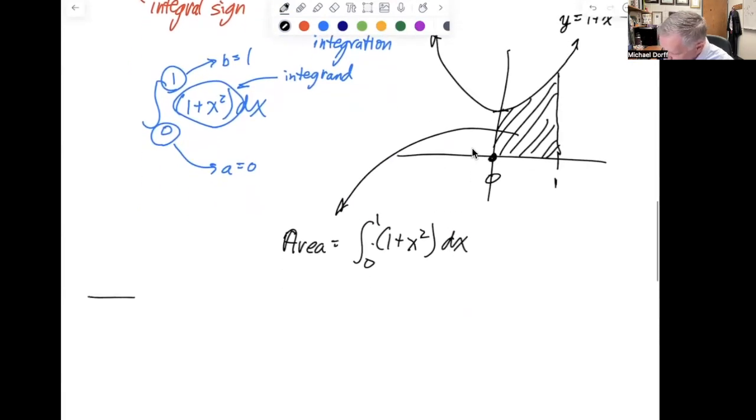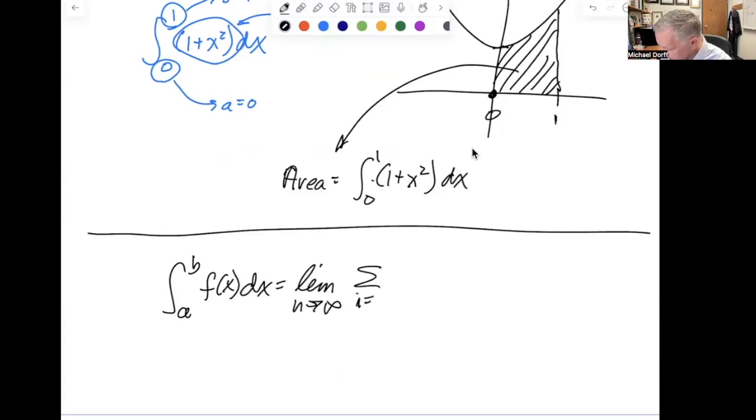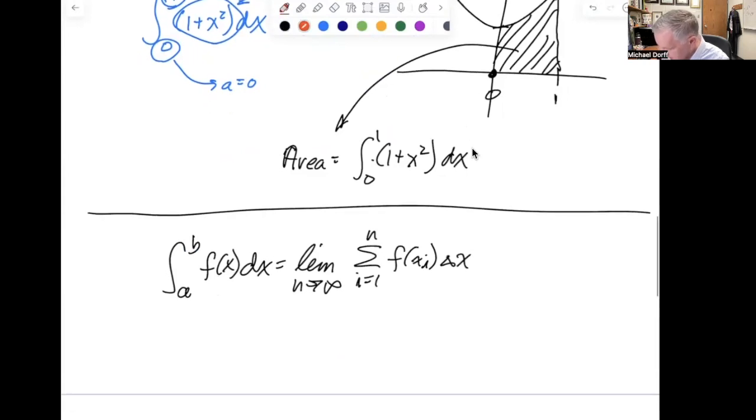Okay, but now when we say this integral from a to b of f of x dx is going to equal the limit as n goes to infinity of the sum i equals 1 to n of f of x sub i delta x, what's happening here on the right-hand side?